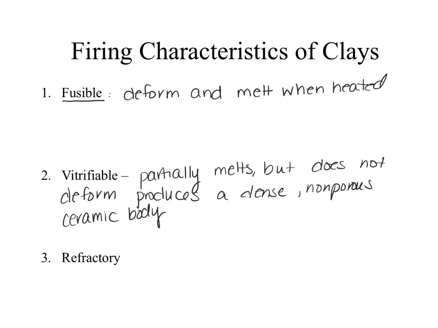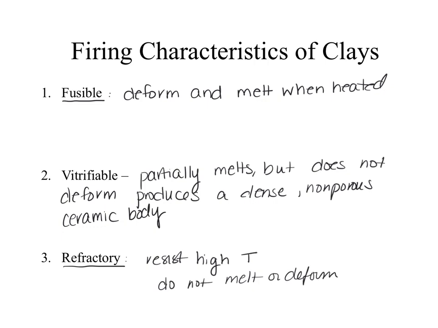And then another firing characteristic is being refractory. And that's just going to help it resist high temperatures, so it does not melt or deform. So maybe you're sitting there and you're going, hey, Dr. Pierce, fusible and refractory, those look kind of like the opposite.